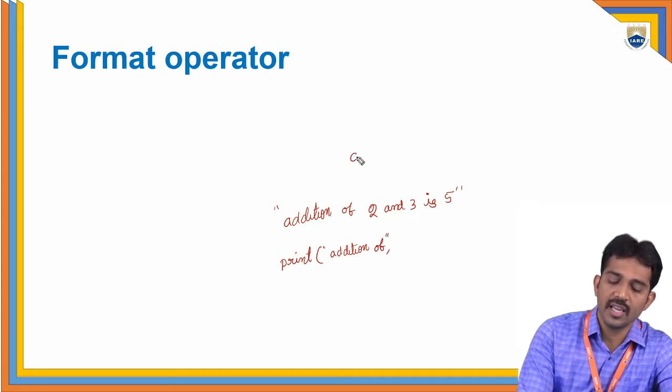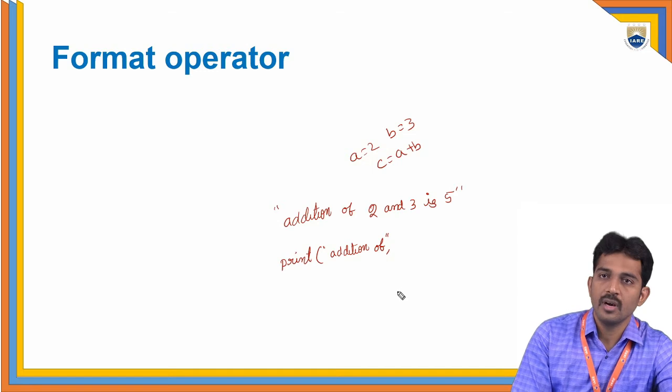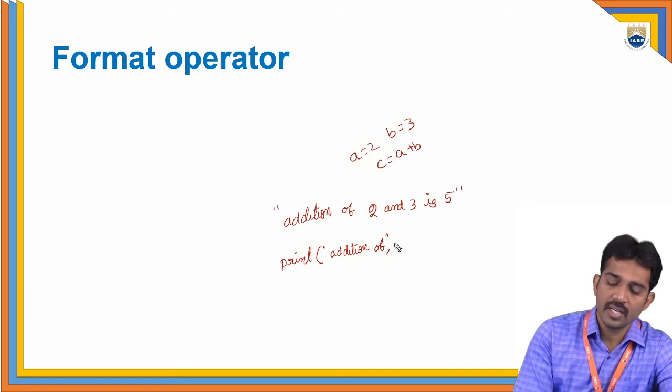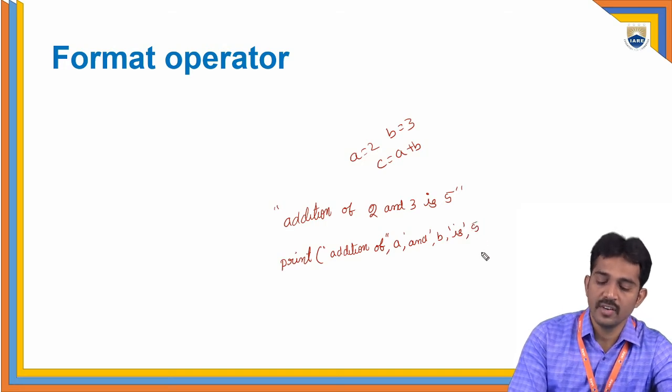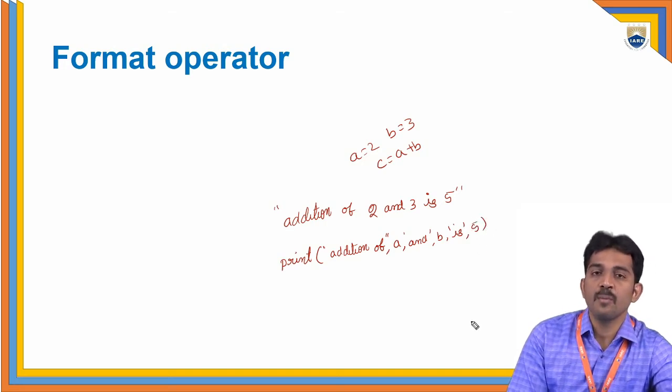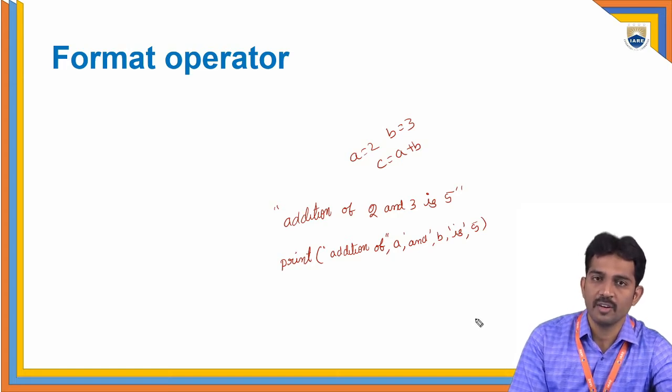And suppose A is 2 and B is 3 and the result is A plus B. So here A and comma, then I write and, comma, B, comma, is, comma, 5. So this is the way I'm going to achieve our requirement.